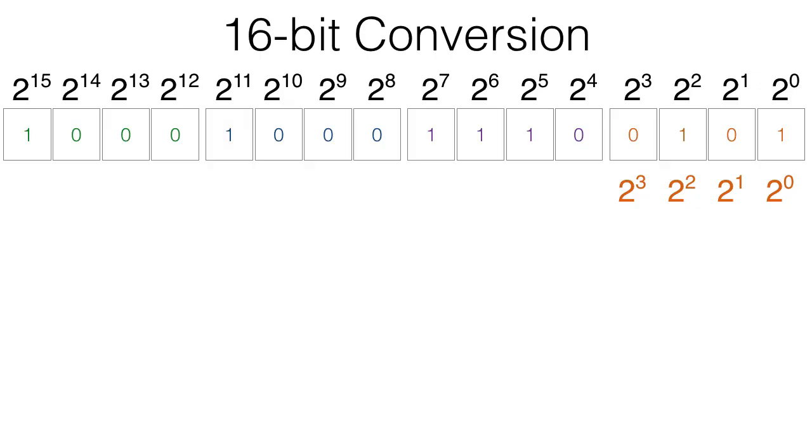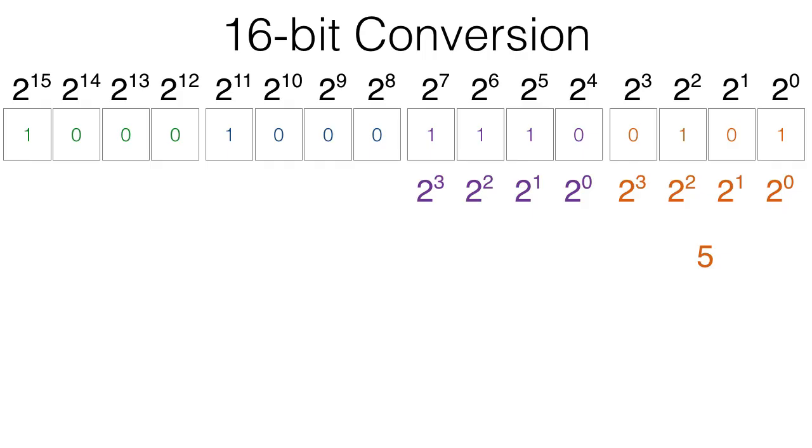So we go from 2 to the power of 3 all the way down to 2 to the power of 0. In this pattern, 0, 1, 0, 1 is a 5. It equals 5, right? You should be able to convert that by now in your head. You should be able to look at that and go, that would be 0 plus 4 plus 0 plus 1 is 5. Pretty basic stuff.